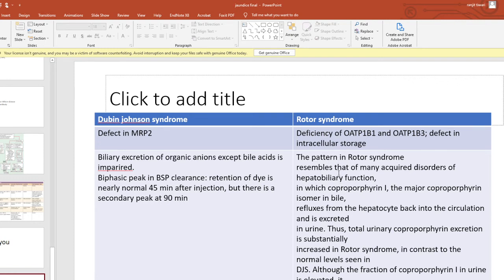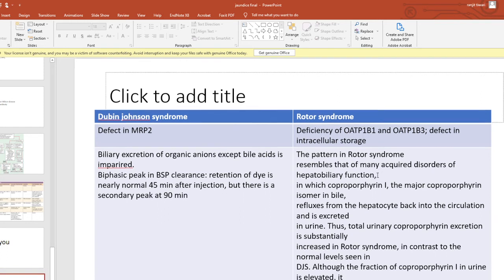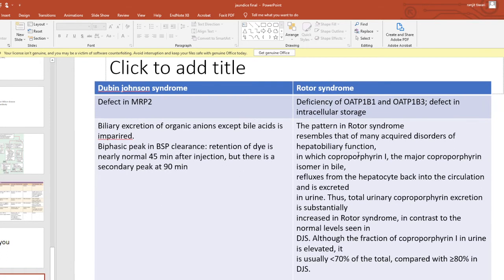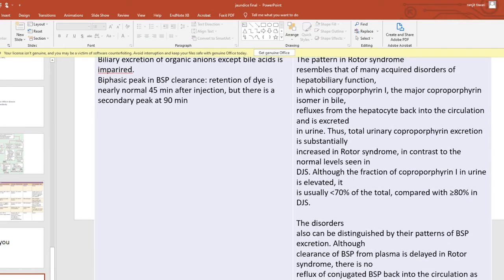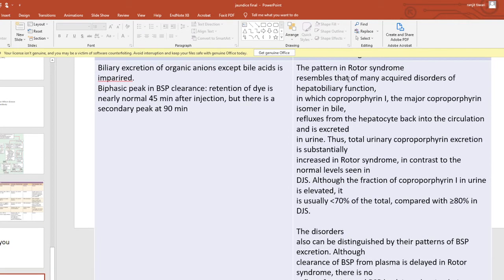The pattern resembles that of many acquired disorders of hepatobiliary function, in which coproporphyrin 1, the major coproporphyrin isomer in bile, refluxes from the hepatocyte back into the circulation and is excreted in the urine.